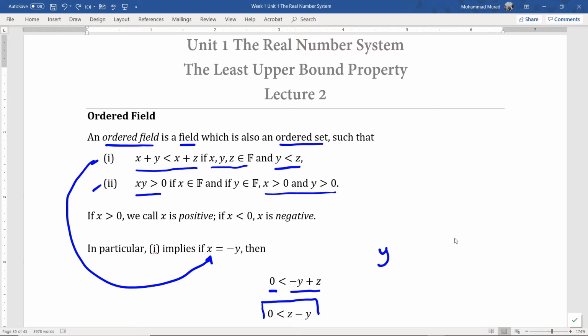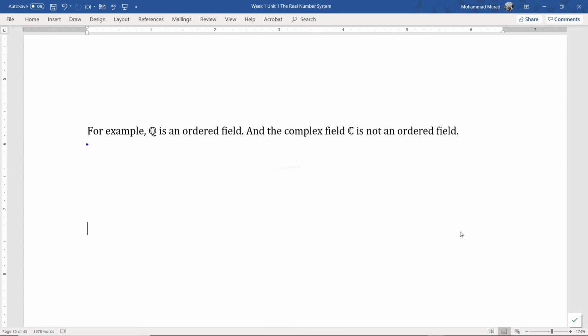So if y is less than z, we can write z minus y is positive. So one implies the other. For example, Q is an ordered field, but the complex field C is not an ordered field.